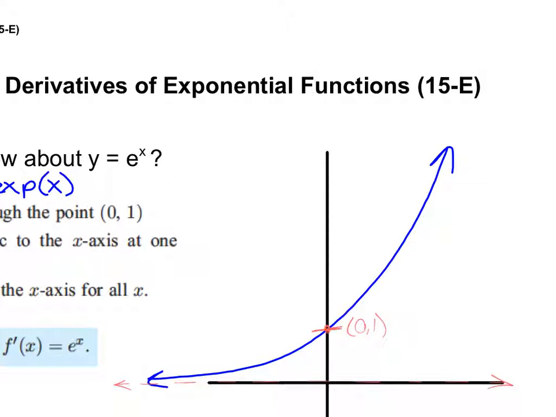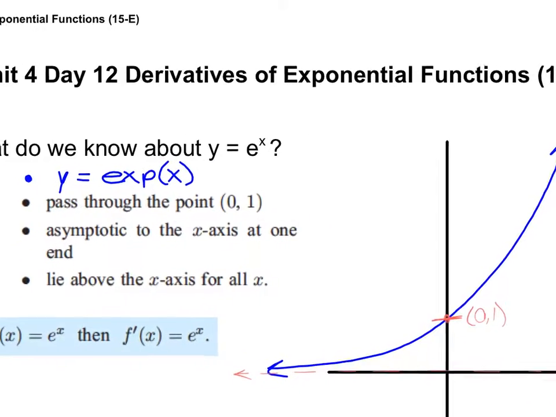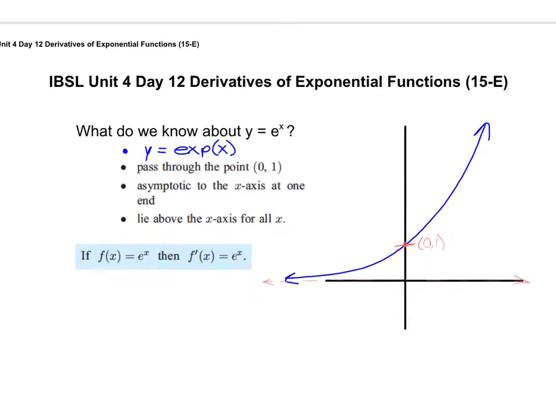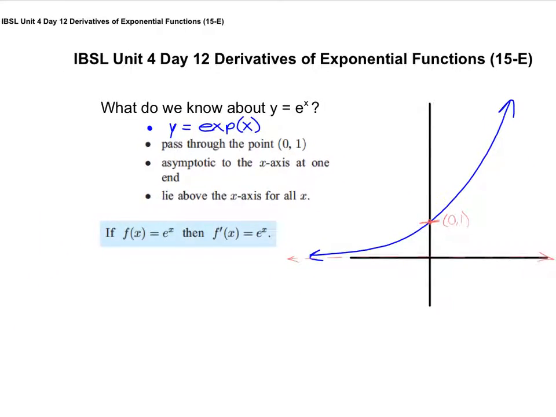But this really, really easy rule is this. The derivative of an exponential function, e to the x, is e to the x. The derivative with respect to x of e to the x is e to the x.